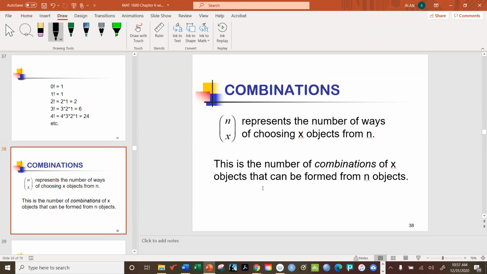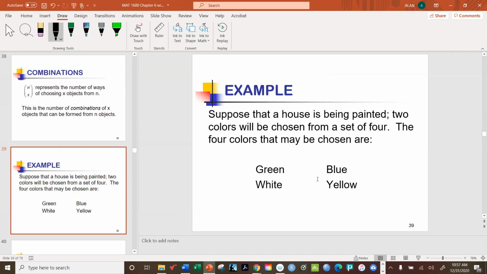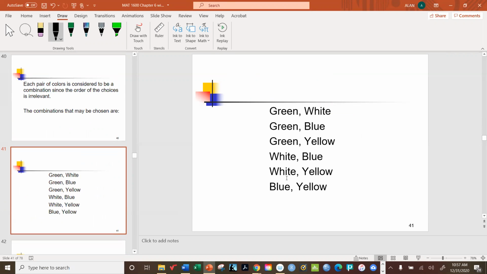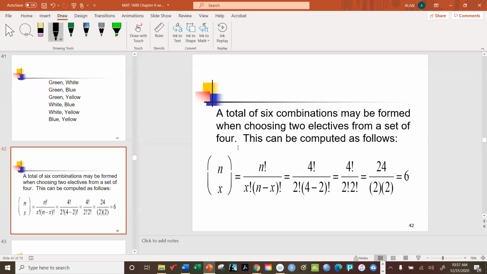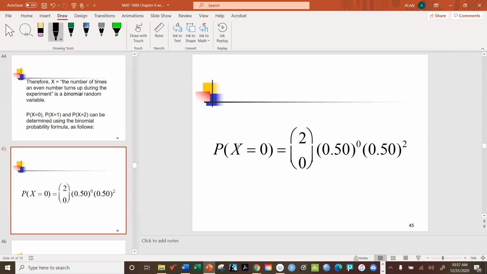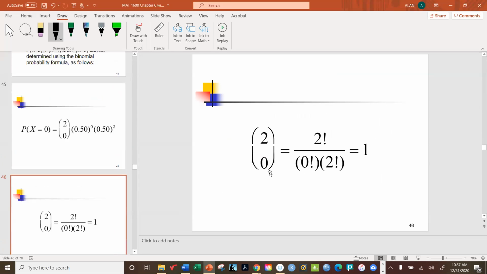That's the key detail. With a combination, the order does not make any difference. So we want to know how many ways we can choose X objects from N where the order does not matter. So we used the example of the house painting colors. We had another example with, was it toppings on our Haagen-Dazs ice cream. And so once we understand that formula, we can easily calculate any binomial probability that we choose.